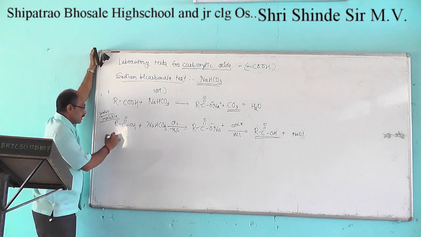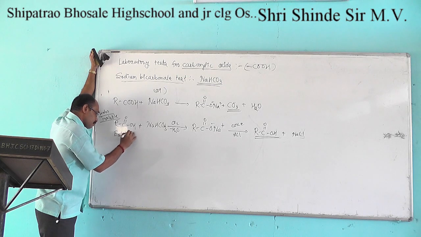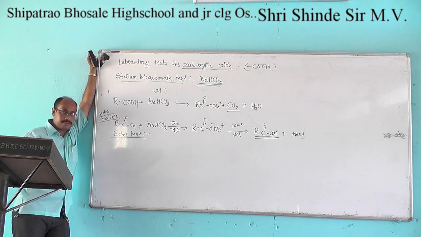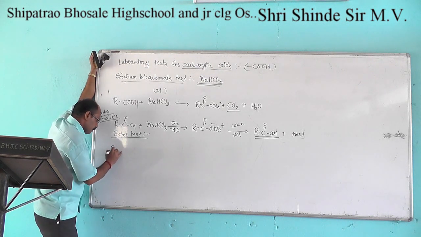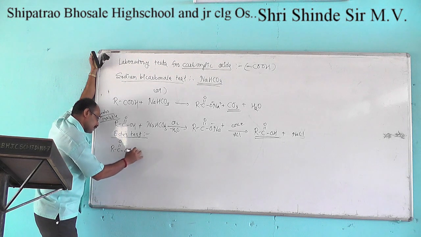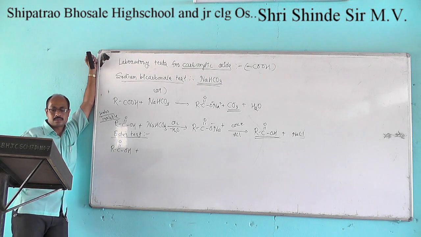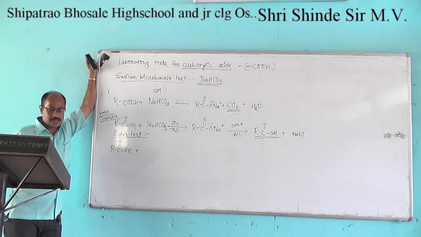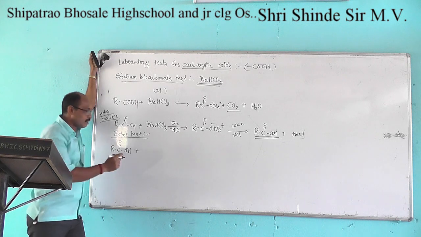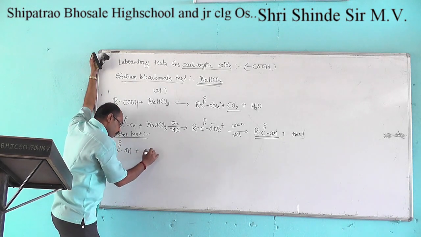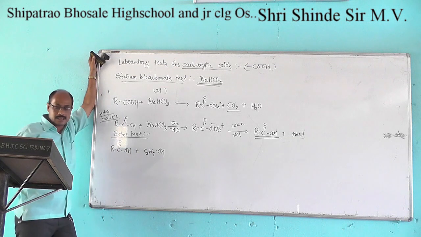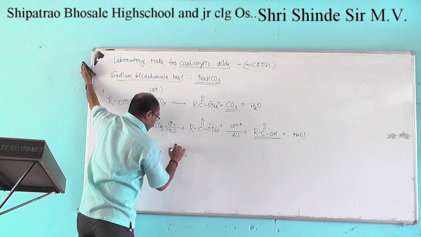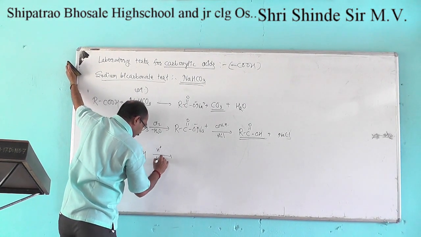The next test is the ester test. When 1 drop of sulfuric acid is added to an organic compound containing a carboxyl group and 1 ml of ethyl alcohol, the solution is warmed for up to 5 minutes.